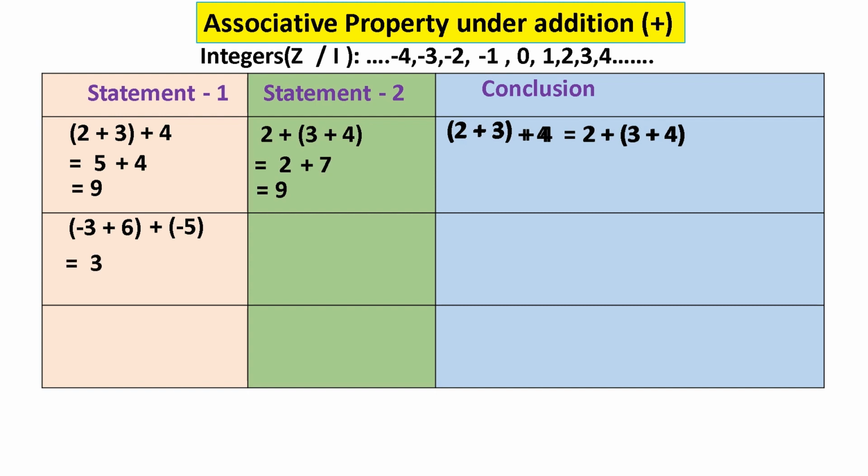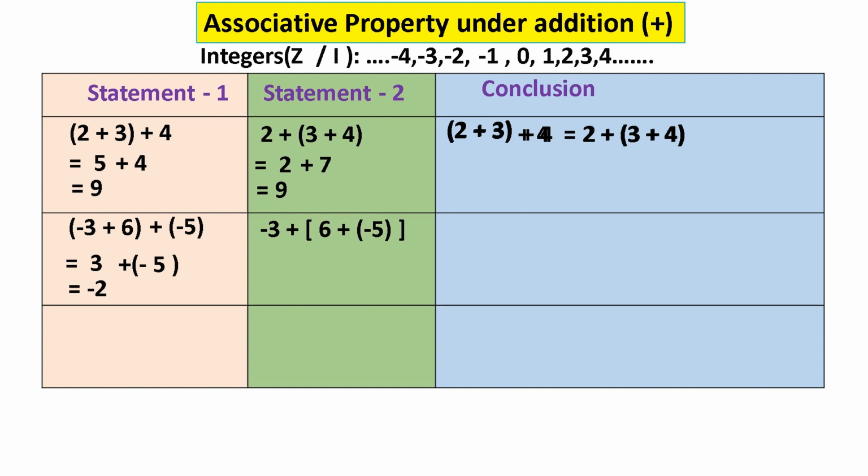Next, the sum of the first 2 integers: we get -3 plus 3, and the third integer is -5. So 3 plus -5. Now the sum of these 2 integers, we get -2. In statement 2, we take the same integers, -3 plus 6 plus -5. We will add the last 2 integers, that is 6 plus -5. Do we get the same answer or not?